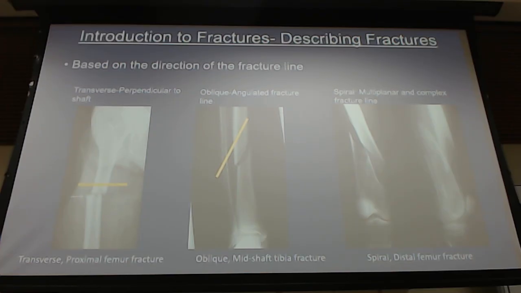So if you notice something that looks like an oblique fracture and you only have one view, it is almost impossible to tell whether it is a spiral fracture or not. And most times you get spiral fractures because of some twisting motion, right? It allows the bone to break in two different planes.